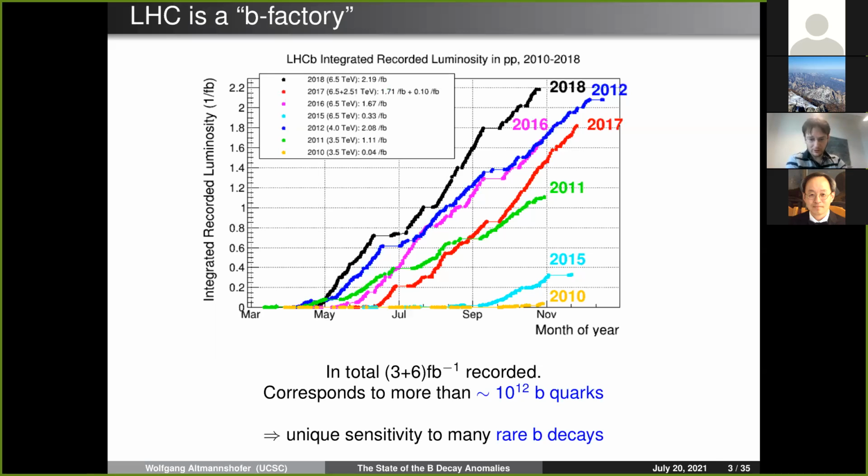That corresponds to more than 10 to the 12 B quarks that have been produced. So LHCb is very sensitive to many rare B decays, and in many cases LHCb has made first measurements of processes that are very rare and, for example, were not observed at the B factories, or could make very precise measurements surpassing the precision at the B factories.